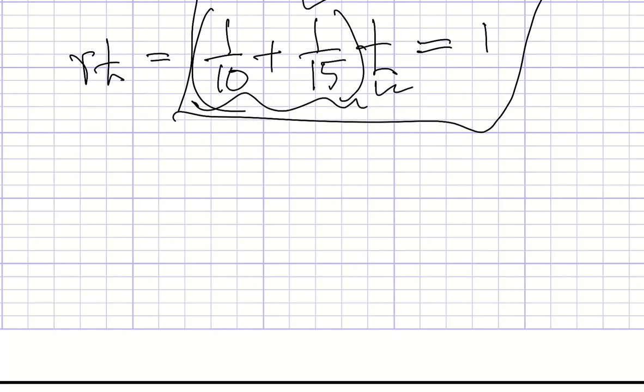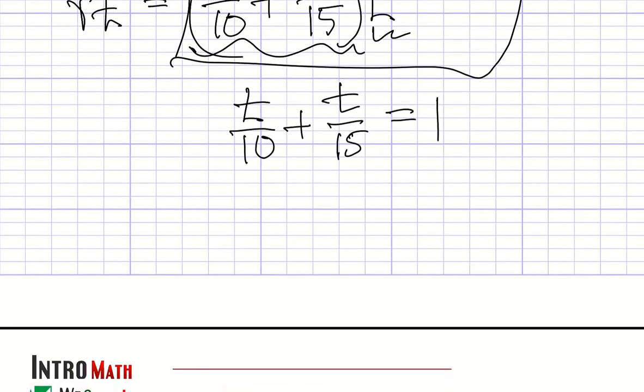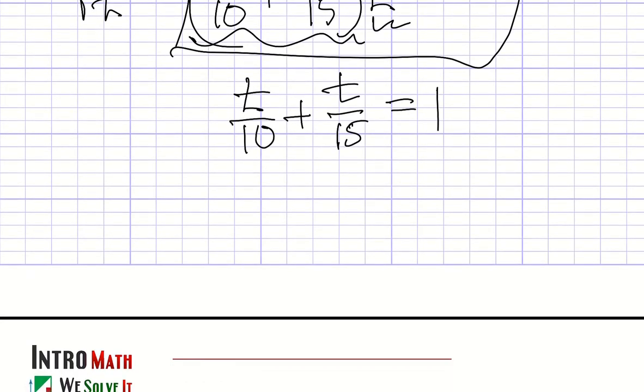So basically you have T. If you push T inside, you get T over 10 plus T over 15 equals 1. You can say 1 over 1, but we'll leave it for now. We're going to put them in the same denominator. The strategy is to have them in the same denominator, like we did many times in the other video.